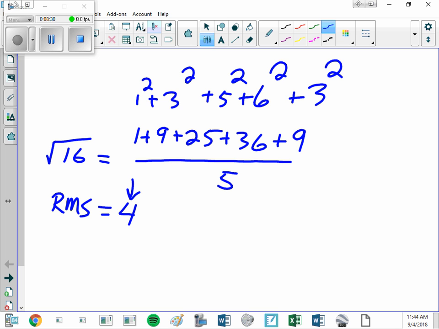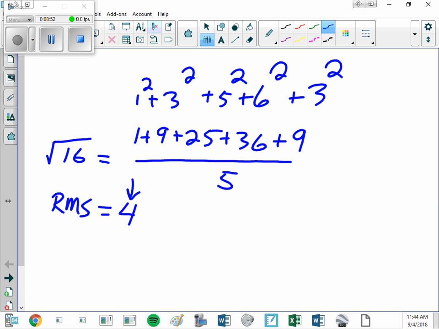If I erase that 1, what's going to happen to my RMS? It's going to go up a little bit. What if I erase the 6? It's going to go down a little bit. Which will have more of an effect, getting rid of the 6 or getting rid of the 1? The 1. How come?